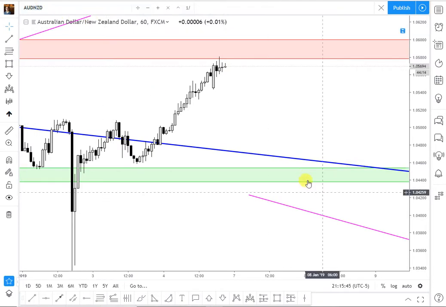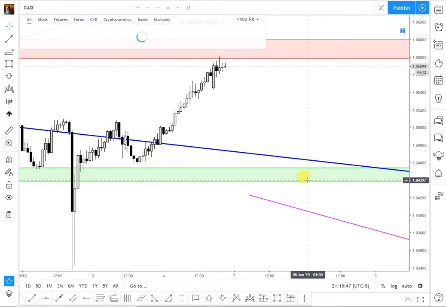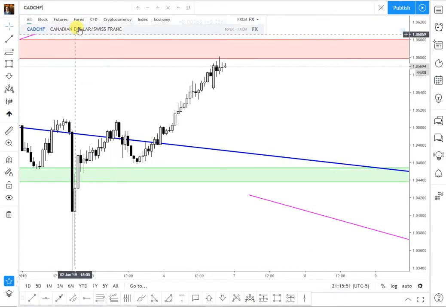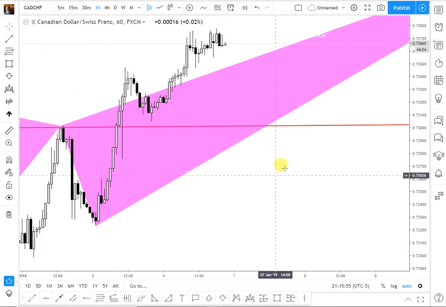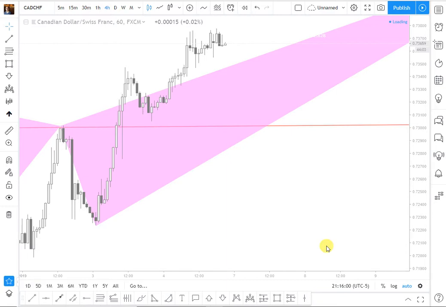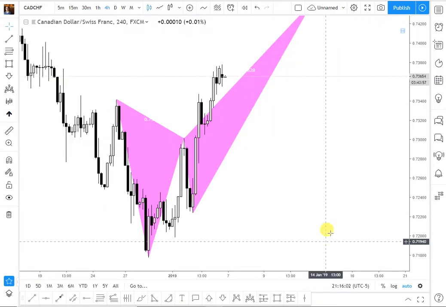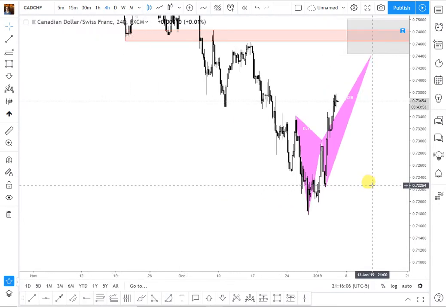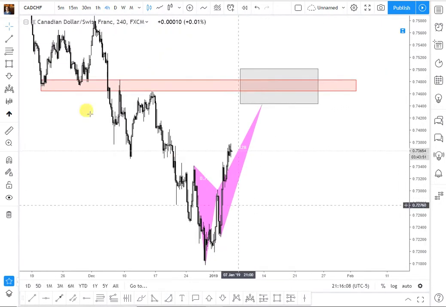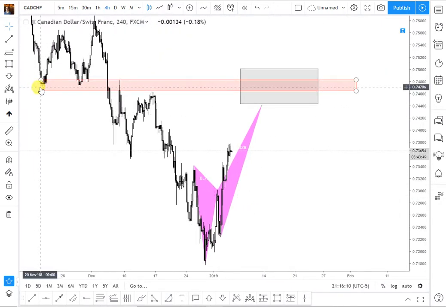Now we will switch to the CAD CHF. Okay, with the CAD CHF here, 4-hour time frame, we have a support area here.